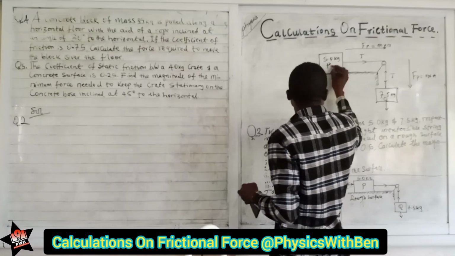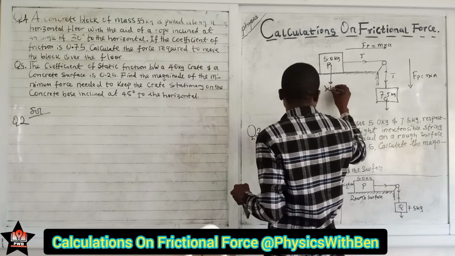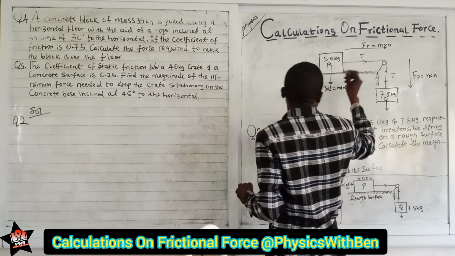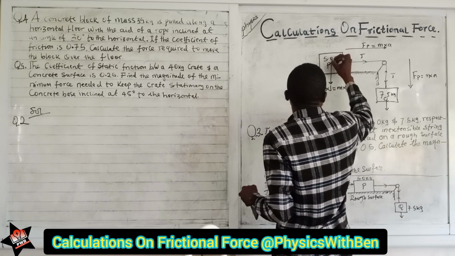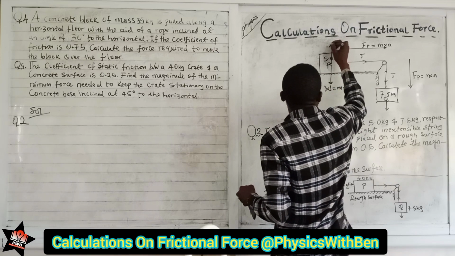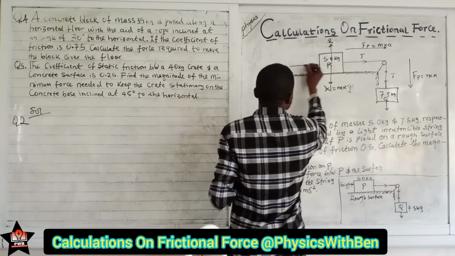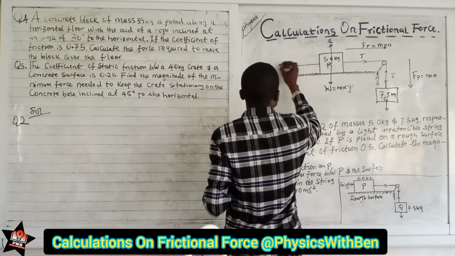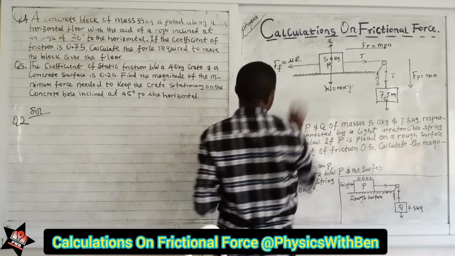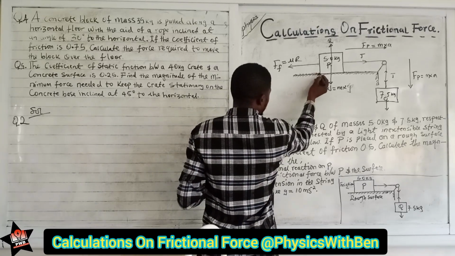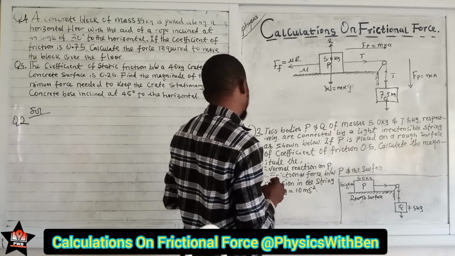Then down here is the weight of this block. That weight is given by mass times gravity. And up here is the normal reaction. And then backward is the frictional force equals to mu R. And in between this surface is the coefficient of friction.